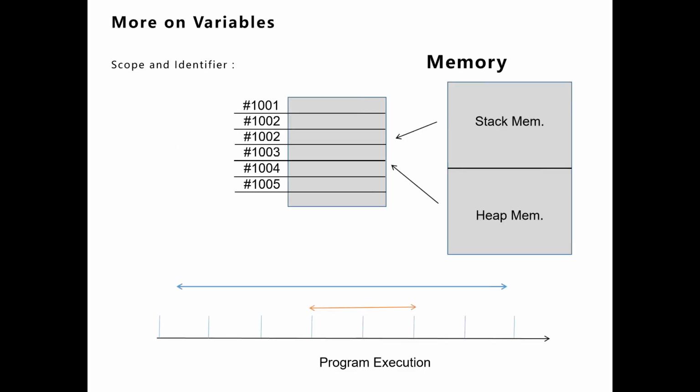Now we have known that data types give much more information, right? Before getting into that, we will try to understand how our memory, that is the RAM, looks. The entire memory is divided into two parts: stack memory and heap memory.